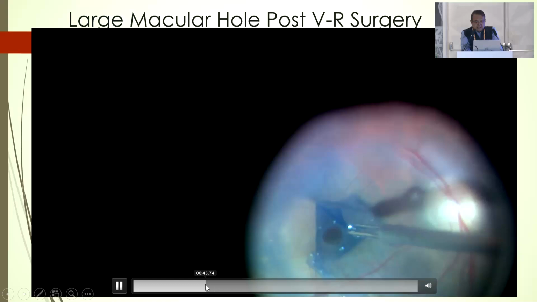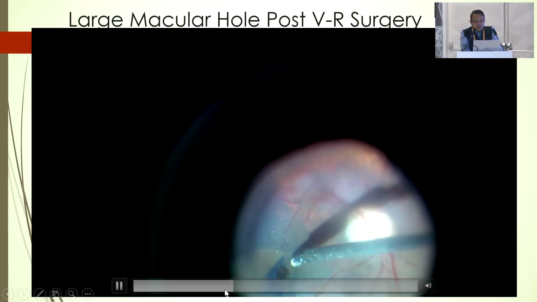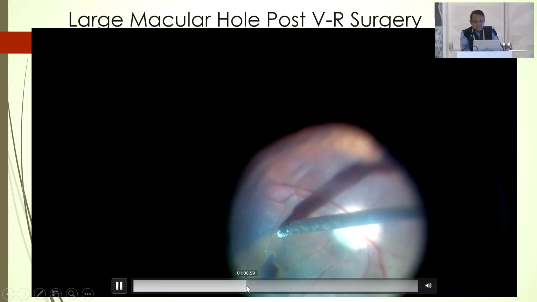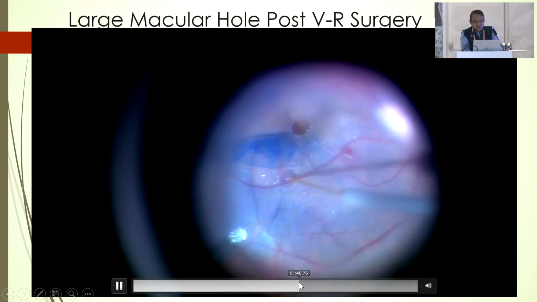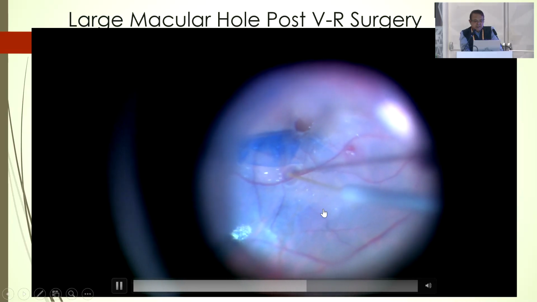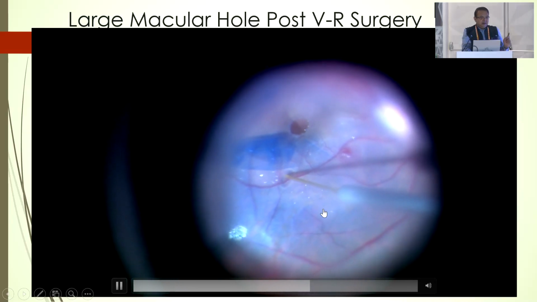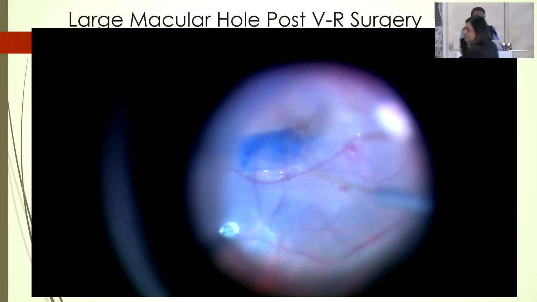Once the ILM flap is created, the flap is then trimmed, and I aspirate the subretinal PFCL from here. And what I did, in a mistake, was I started detaching from the infratemporal quadrant.